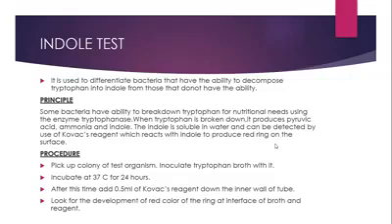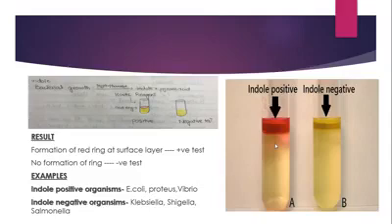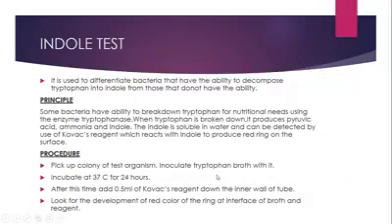Now, first of all, we are going to pick up a colony of the test organism using the inoculating loop after sterilizing it on the Bunsen burner, and then we are going to inoculate the tryptophan broth with the colony. After that, we are going to incubate the tube at 37 degrees Celsius for 24 hours.